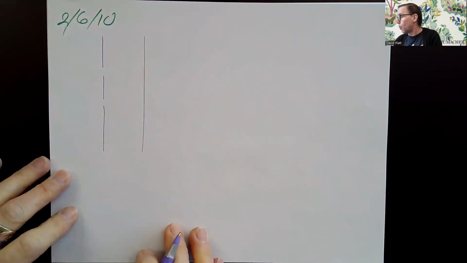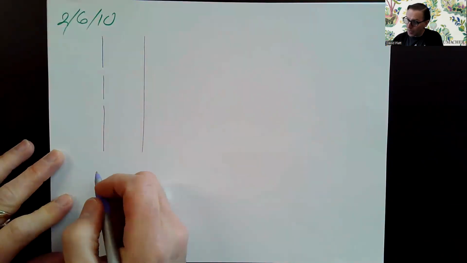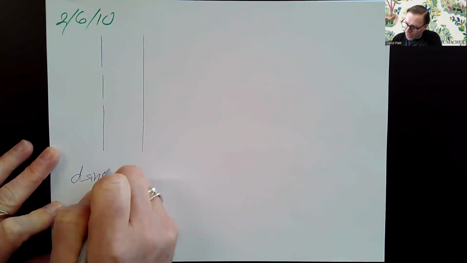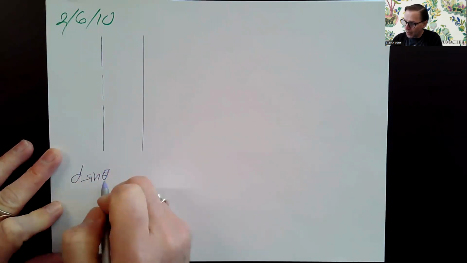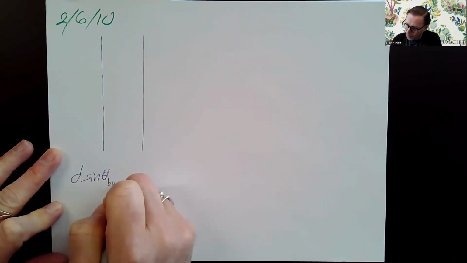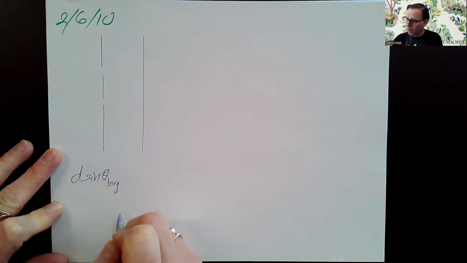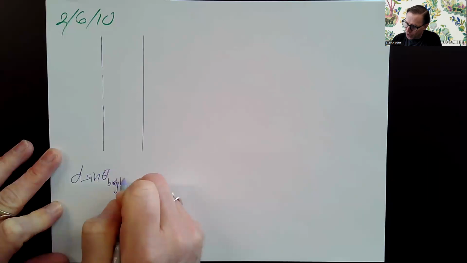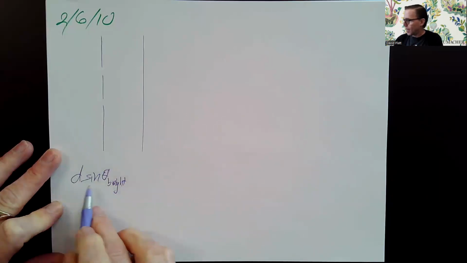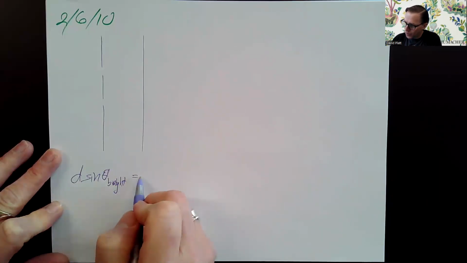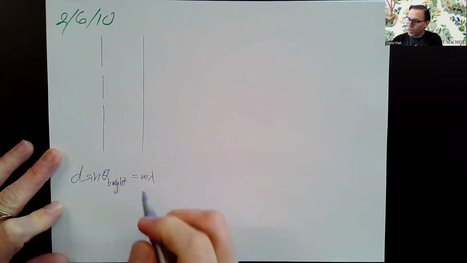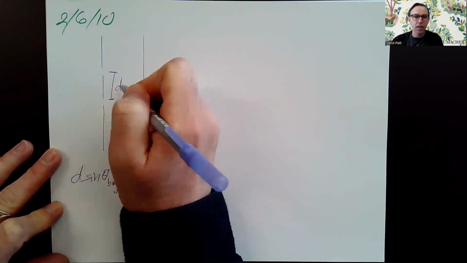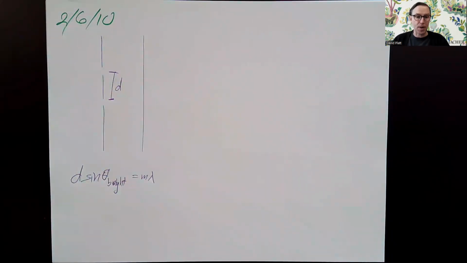But we came up with this equation, d sine theta bright equals m lambda. So d was this distance here, which is called the slit separation.